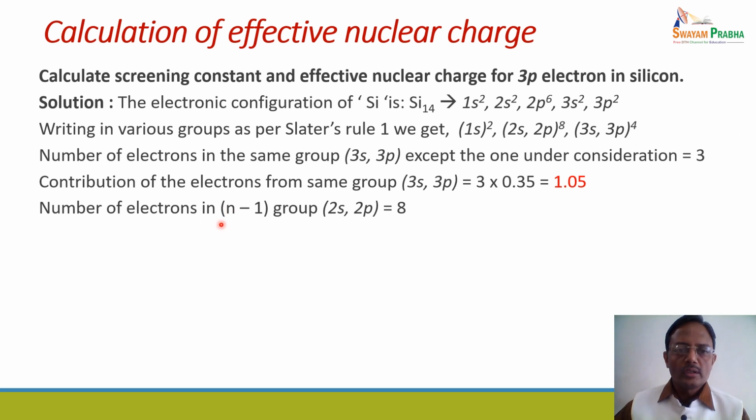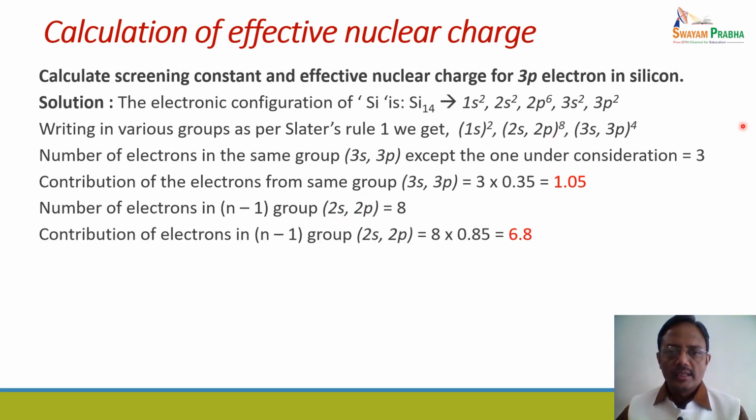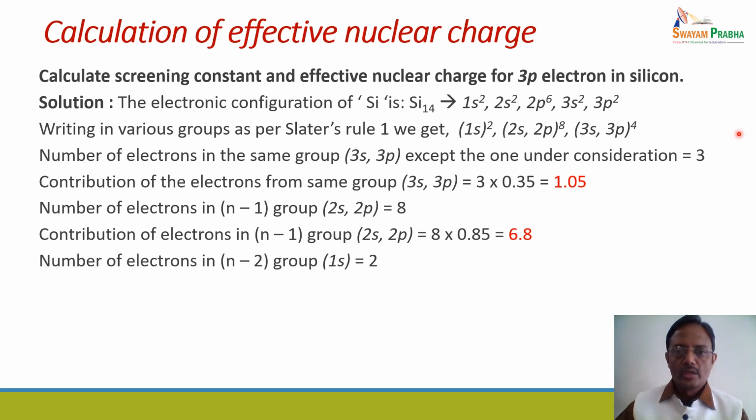The number of electrons in the n-1 group: the nth shell is the third shell, so n-1 is the second shell, and there are 8 electrons in the group 2s2p. Each contributes 0.85 according to Slater's rule, so the total contribution of these 8 electrons is again 6.8.